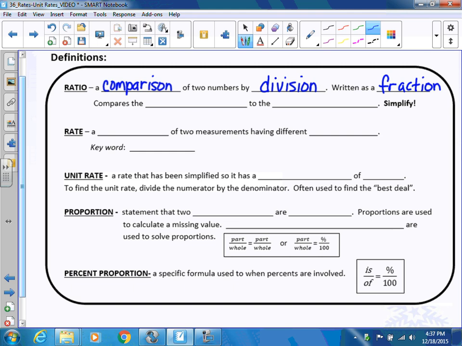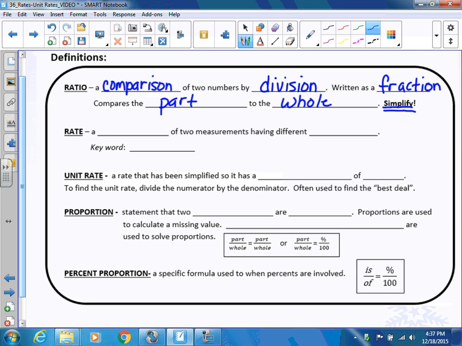It compares typically, most of the time, part to the whole. Whatever the whole is. It could be part of the money I get for my birthday out of all the money I got for my whole birthday. And don't forget to simplify.